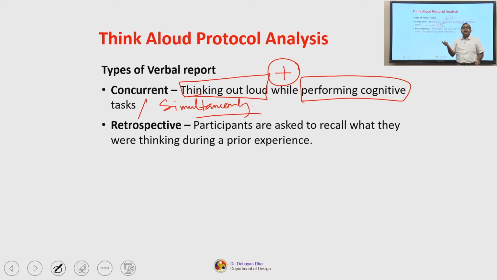they were thinking during a prior experience. So, what happens is that you record a session with your participant, you see him as he completes his task, and thereafter, once he completes the task, you ask him questions regarding the task, regarding the decisions that he has made, regarding what was happening inside him, what were the mental processes that were going on during the situation while he or she was completing the task.